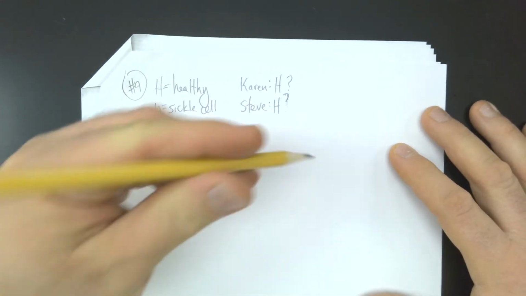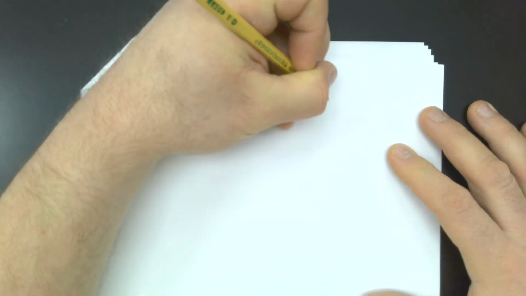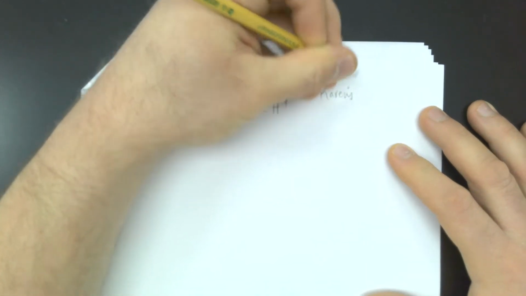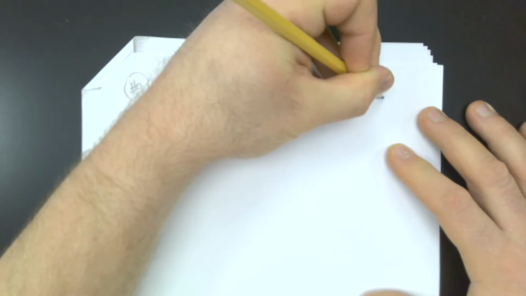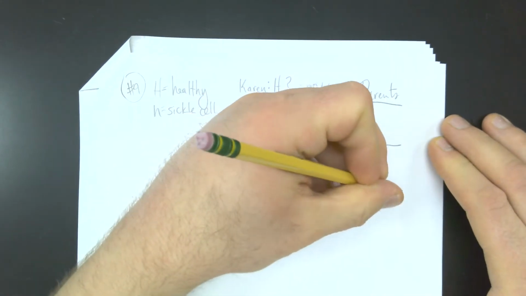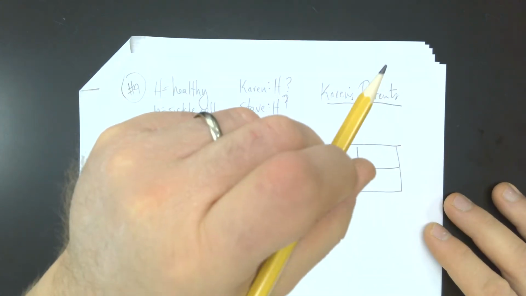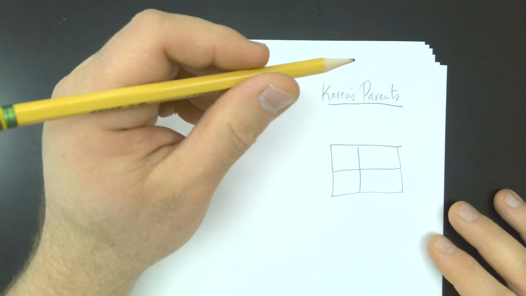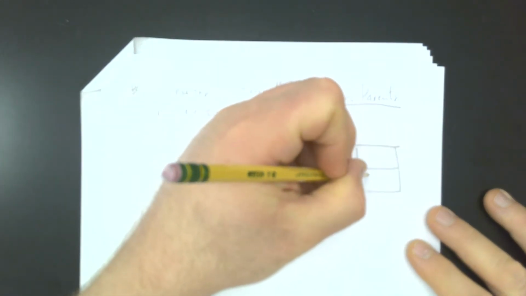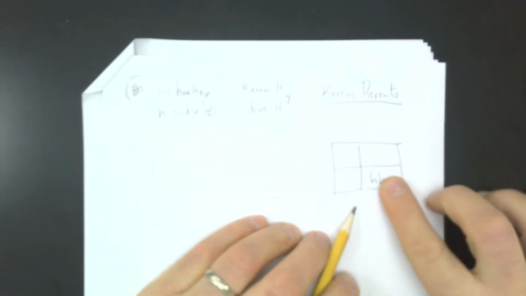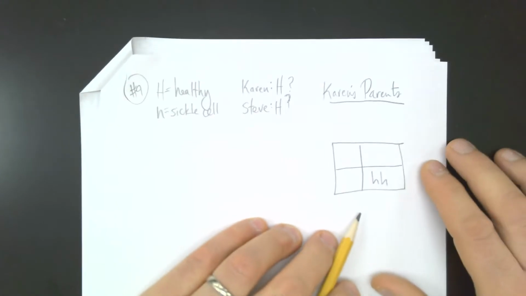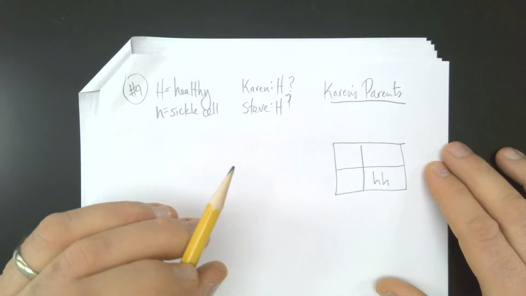Now, let's think about what's going on with Karen's parents. So if we do a Punnett square over here, we know that Karen has a sibling that has sickle cell disease. So that means at least one sibling had sickle cell disease, but then the prompt says that Karen's parents don't have it.